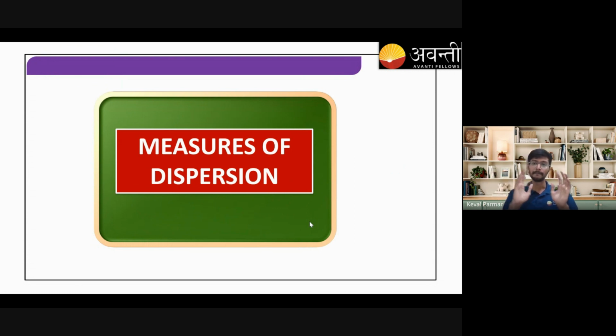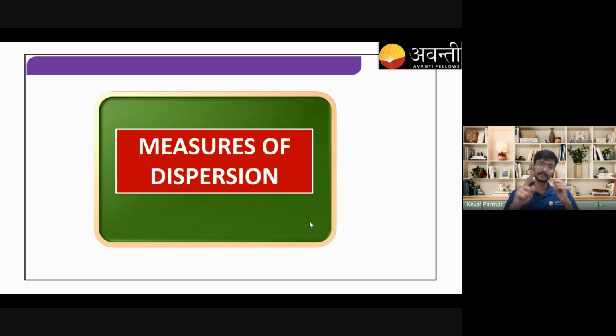It is not enough to just know what the data is doing at the center. We also saw an example of Virat Kohli and Suresh Raina, who was more consistent, since their mean values were the same.